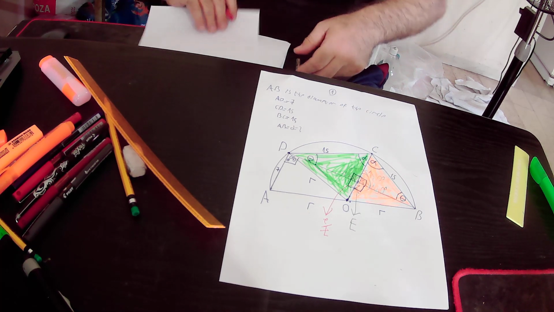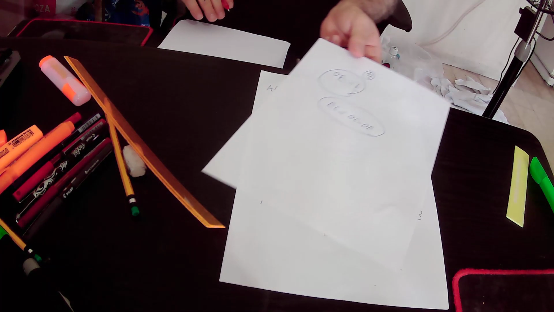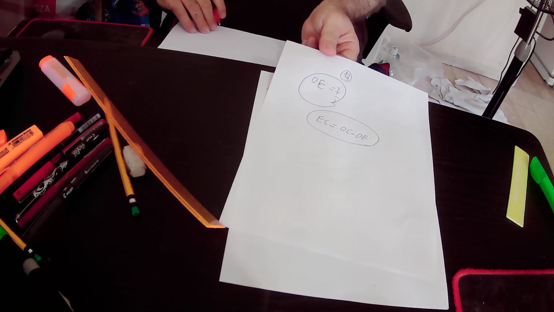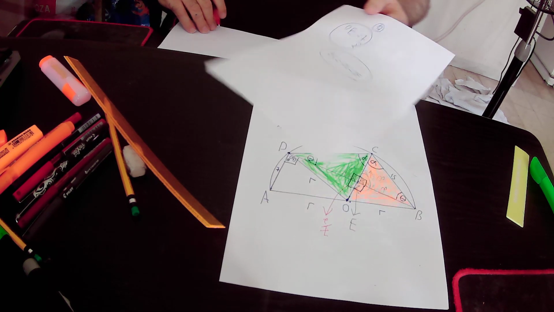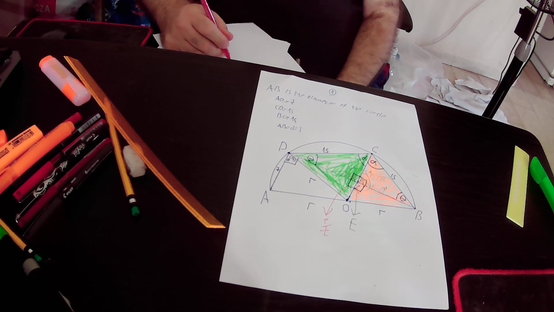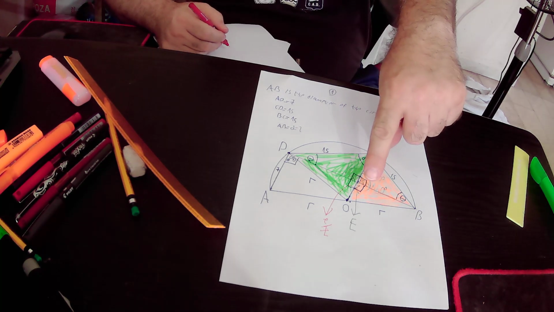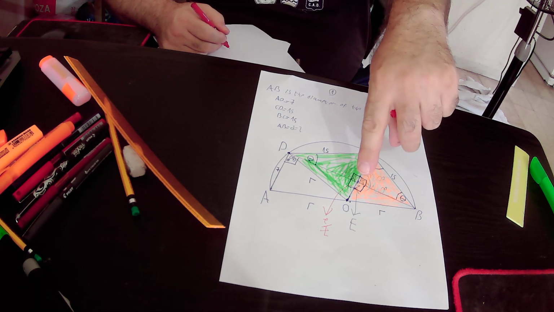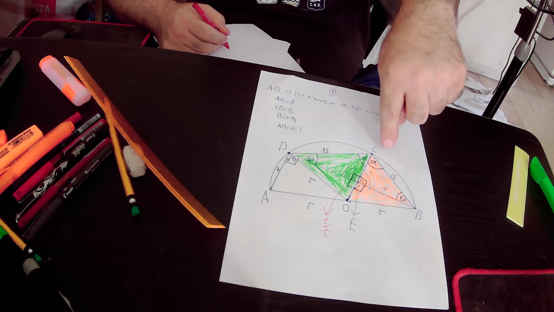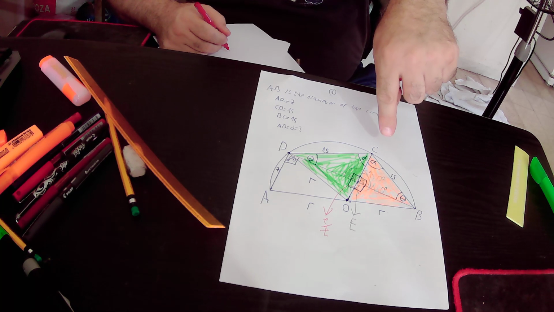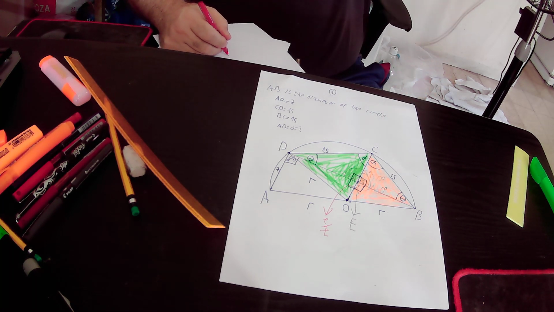And EC equals OC minus OE. We know that OE is 7/2 units. And OC, what is the value of OC? OC is the radius of the circle because it starts from the center of the circle and ends at point E, a point on the circle itself. Therefore, OC is the radius.